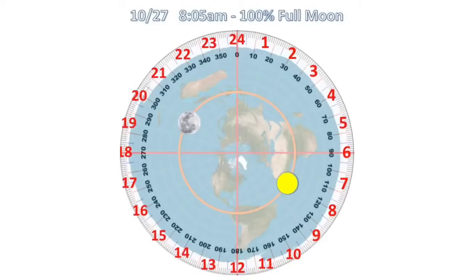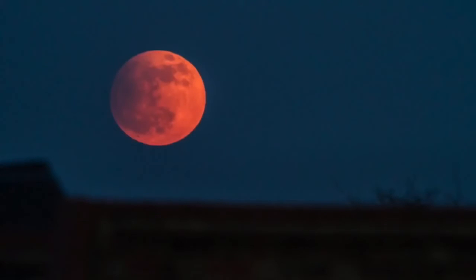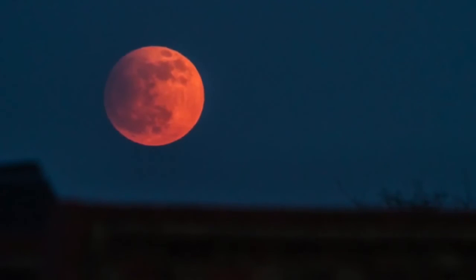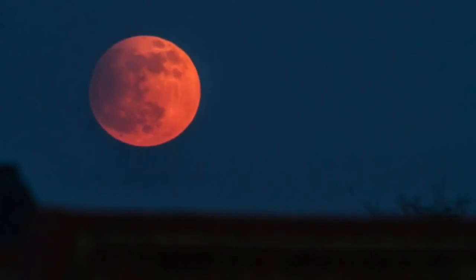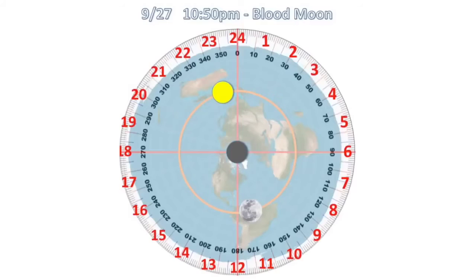Now, the positions of the sun and moon relative to each other in the sky causes the lunar phases, but this does not cause the lunar eclipse that we saw last month. The sun and the moon were in the exact same positions relative to each other that they are during every single full moon. Okay? Nothing different happened last month during the lunar eclipse. The only logical explanation that I could come up with is that last month, a third celestial body came down and crossed over the North Pole.